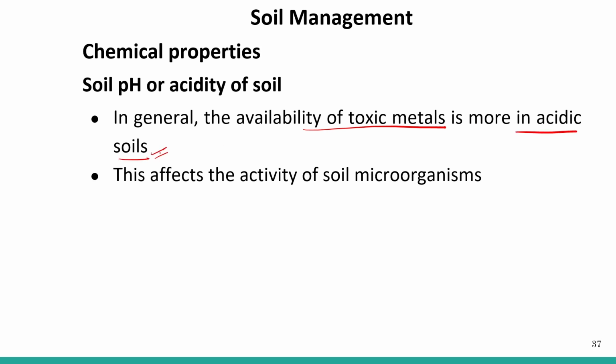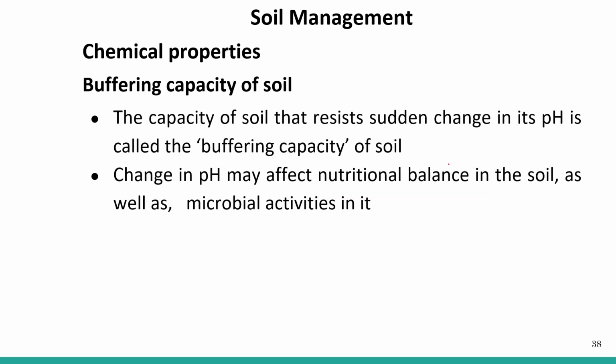The more acidic the soil, the more toxic material will be accumulated in the soil, and that is not good for the soil. This affects the activity of the soil microorganisms, and this also changes the composition of soil microorganisms, because at higher acidic pH, these microorganisms will not survive.